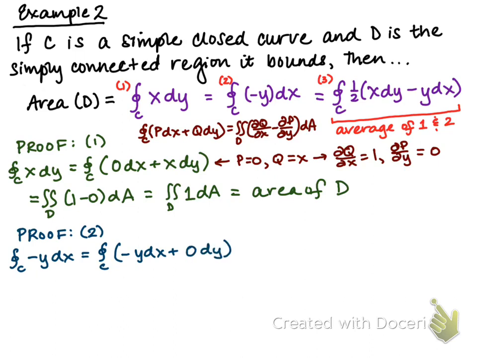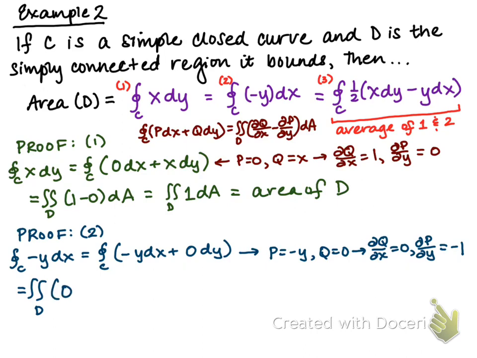Okay, so again, P is negative y, Q is 0. So that gives me partial Q partial x is 0, partial P partial y is negative 1. So now using Green's theorem, I'm going to get that this equals the double integral over D of 0 minus negative 1 dA, or the double integral over D of 1 dA, which is the area of region D.